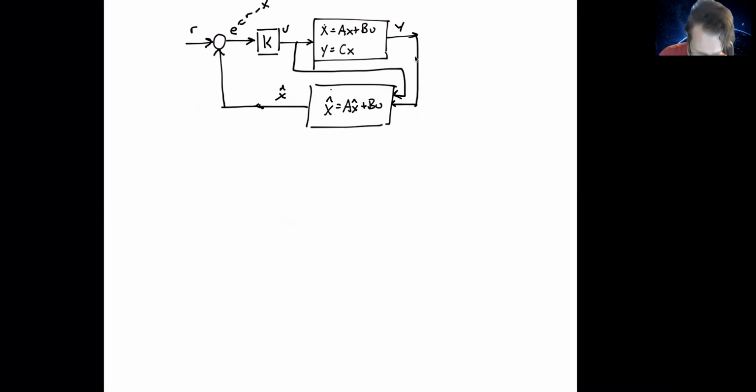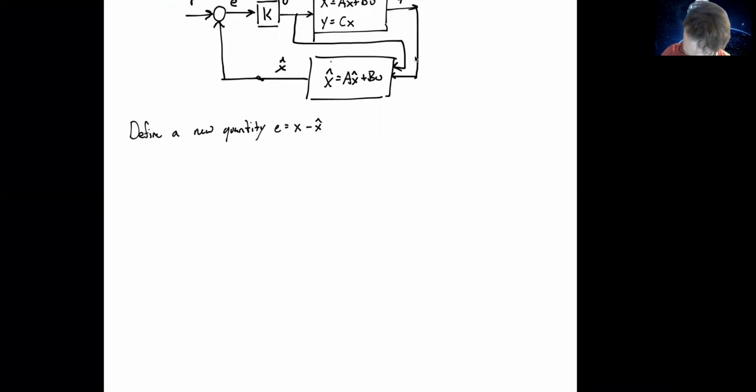With the observer and our regular system, we can define a new quantity, e, which we're going to say equals our x minus x hat. So this is the error between our state and our estimate, and we want to show that this is convergent to something. What is that something?